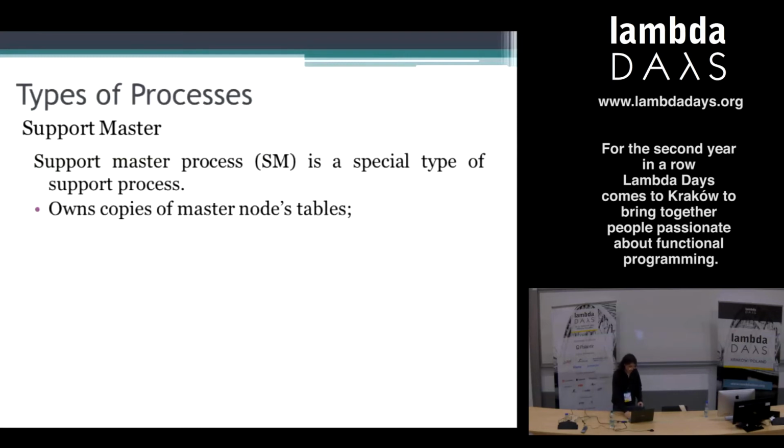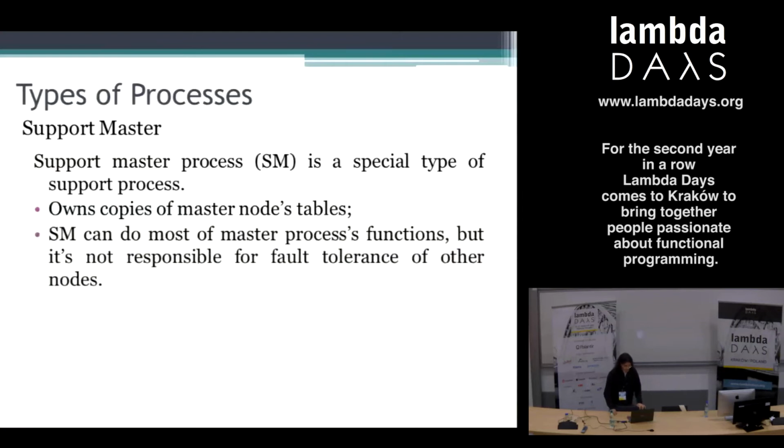Soon I'll tell you why only required tables. So by default, only the 3 tables I have described earlier. It can do most of master process functions, but it's not responsible for fault tolerance of our nodes by default, because a master process can die and one of the support masters just can't replace it.